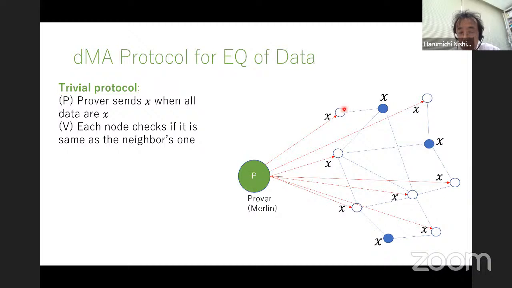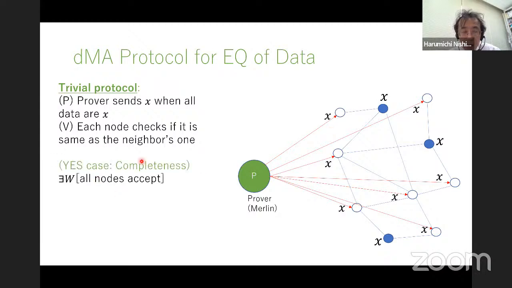Then the prover sends X. Then each verifier node checks that it is the same by exchanging messages with its two neighbors. So this one sends a message to its neighbor, and this one also sends a message to its neighbor. Then every node knows the neighbor's data is the same, so everyone accepts.